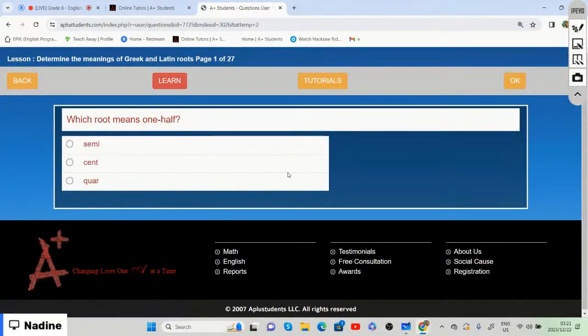All right, so now we're going to our test. Which root means one half? Is semi one half? Is cent a half? Or quad a half? So semi, is that a half?